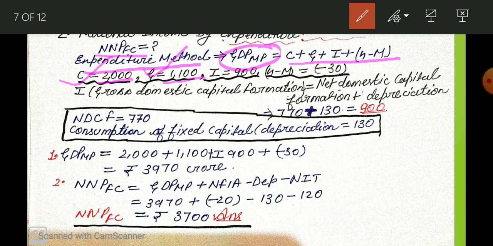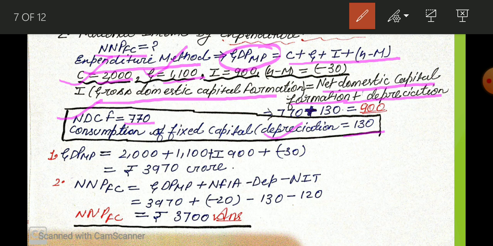Okay, I. So the value of I is not given directly. It is given net domestic capital formation, and I stands for gross domestic capital formation. So for converting net to gross, we have to add depreciation. Okay student, so NDCF is given 770 and depreciation is given 130.